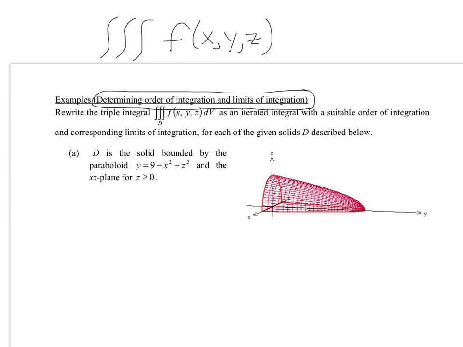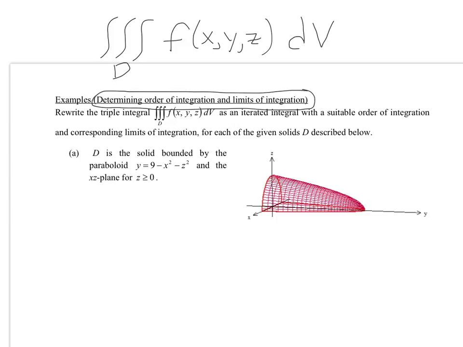So let's say we have some function of 3 variables x, y, and z, and some solid D, like the one that you see in this first example here. We need to determine an appropriate order of integration as part of the process of evaluating this triple integral.